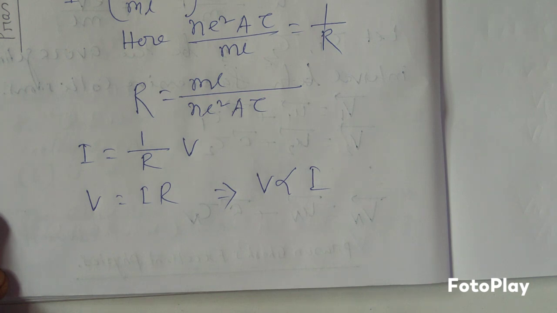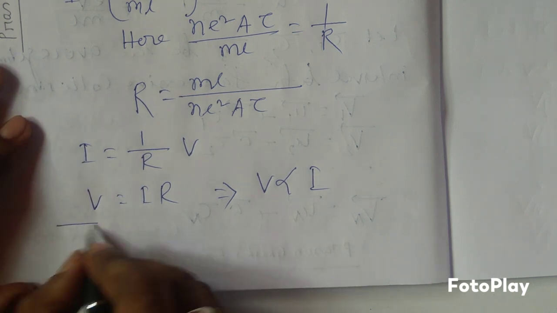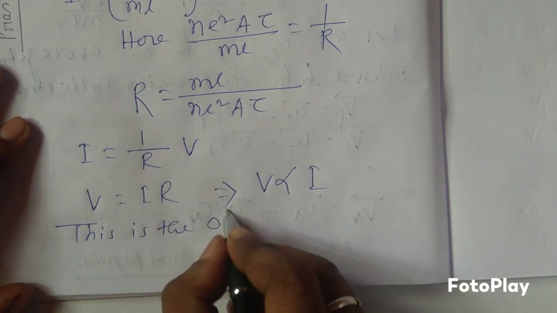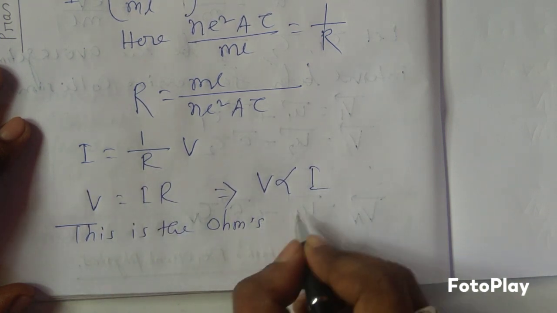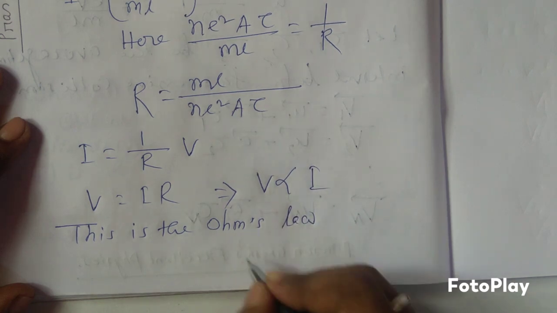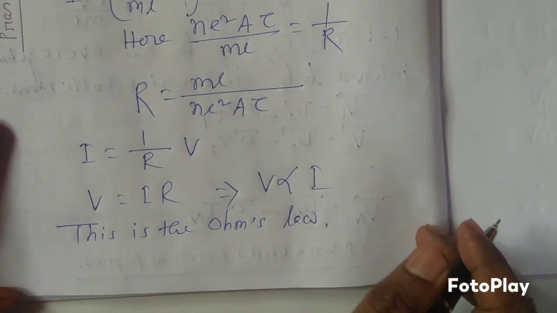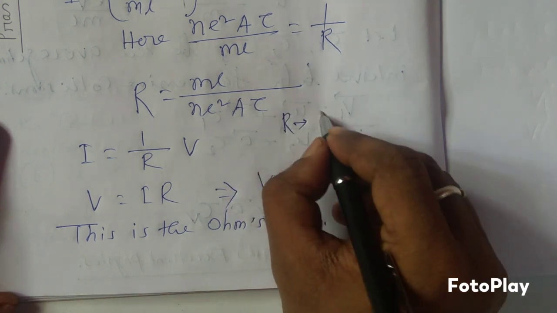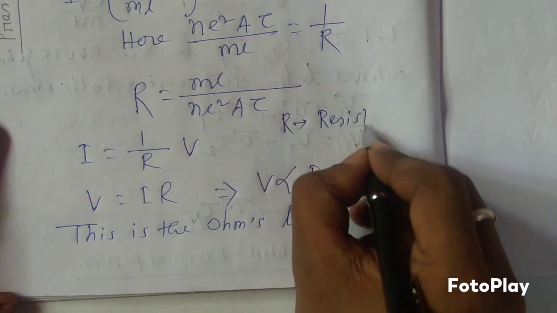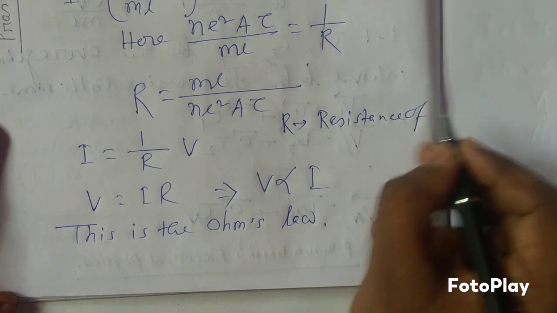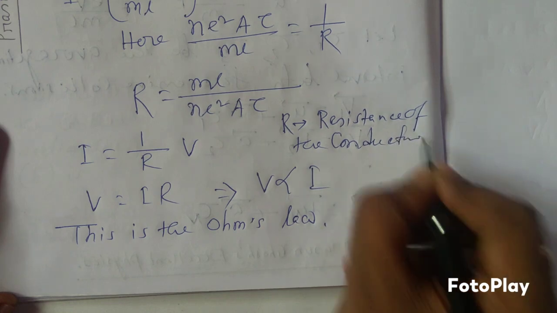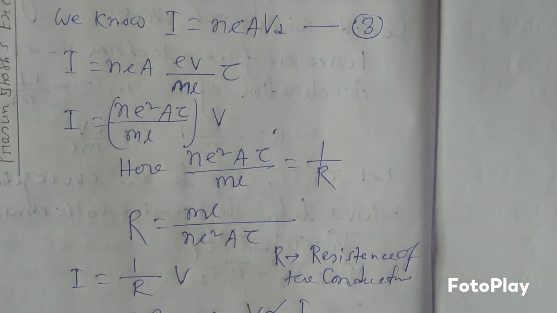So this is Ohm's law. Here R is the resistance of the conductor.